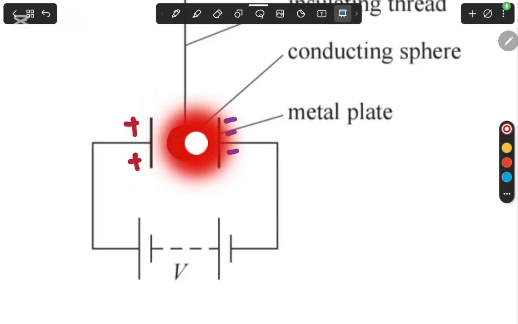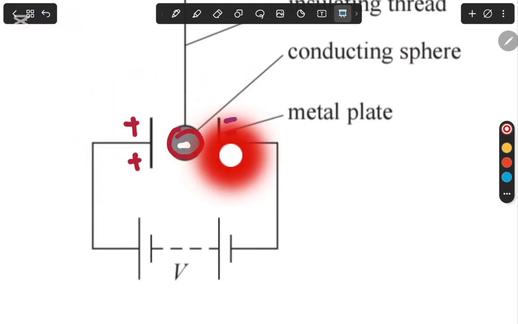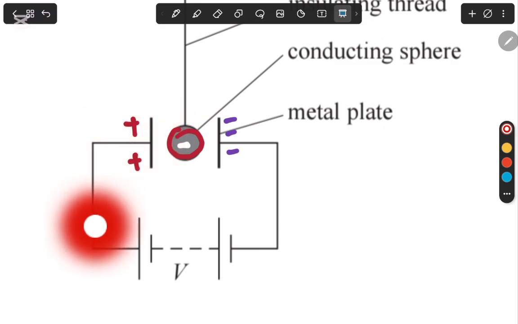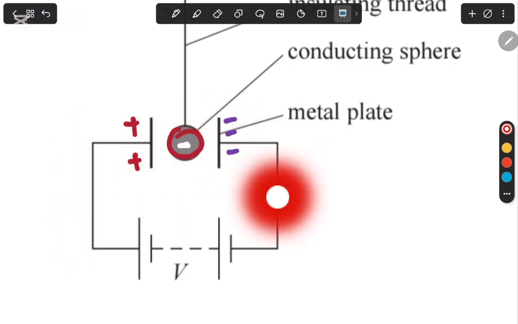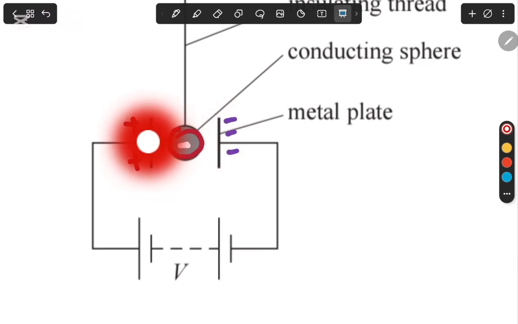So let's say the sphere is negatively charged. This plate is going to be positively charged. This is going to be negative because this plate is connected to the positive side of the battery, and this plate is connected to the negative side of the battery. So the sphere will be attracted towards the positive plate because the plate and the charge on the sphere are of opposite polarity.